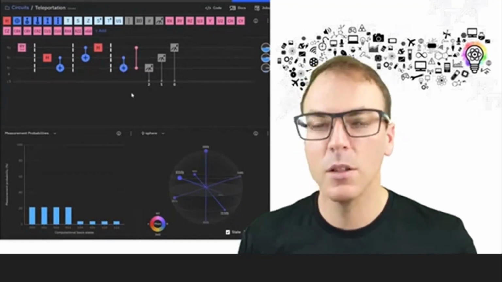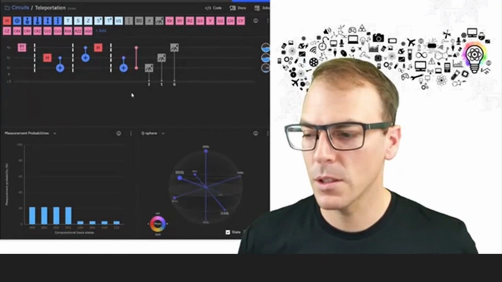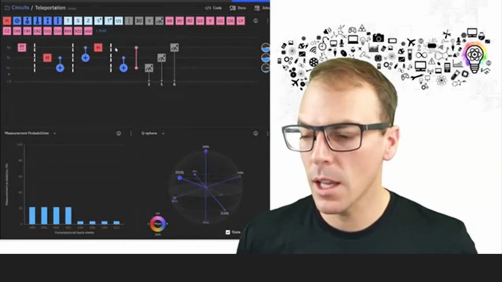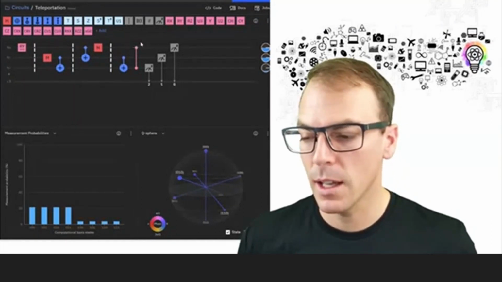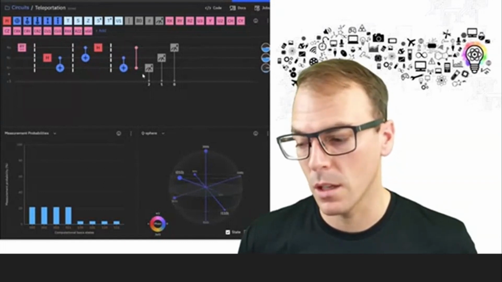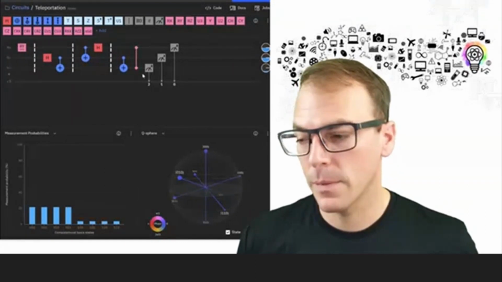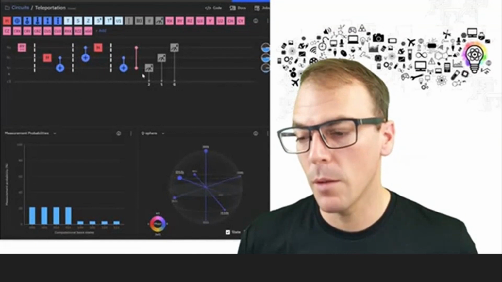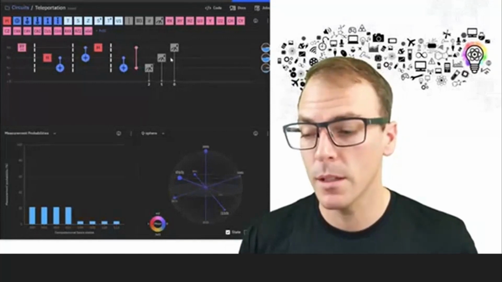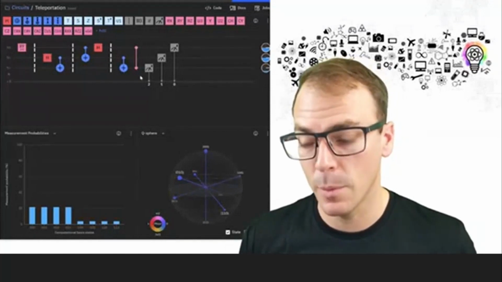Yeah. So there's a couple issues. In this circuit that I'm showing you, there's a state at the end of the circuit. So that might be a state that I'm interested in. What I would need to do is repeat this circuit with different kinds of measurements to get the state at that point.